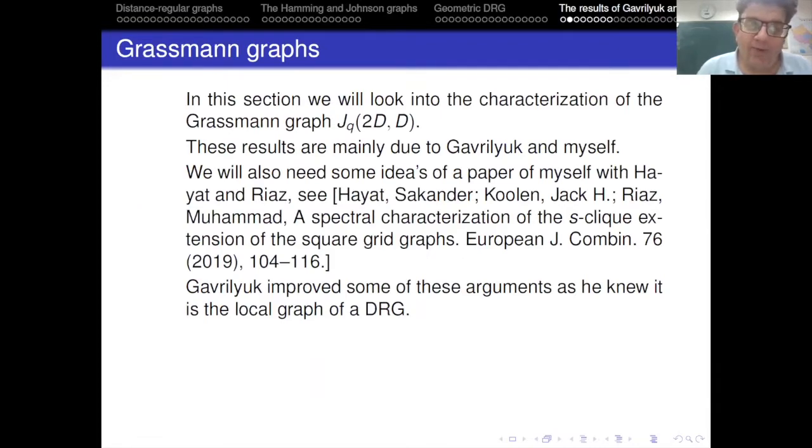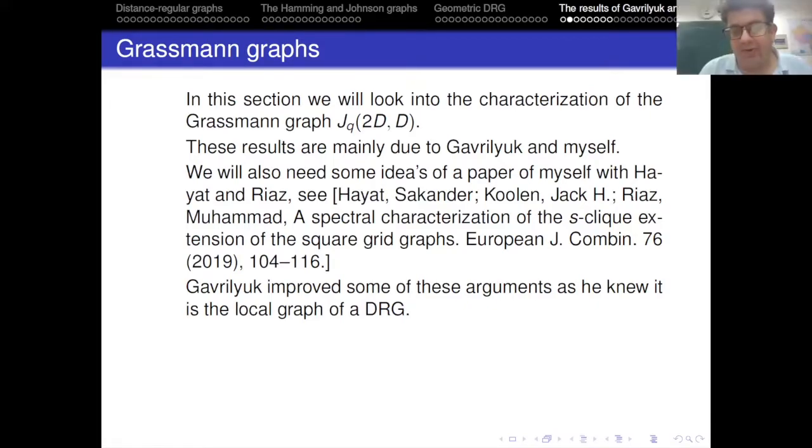Okay, so I will look into the characterization of the Grassmann graphs J_q(2D,D). These results are mainly due to Gavrilyuk and myself. We will also need some ideas of a paper of myself with Hayat Sakander and Mohammed, a spectral characterization of the s-clique extension of the square grid graph.